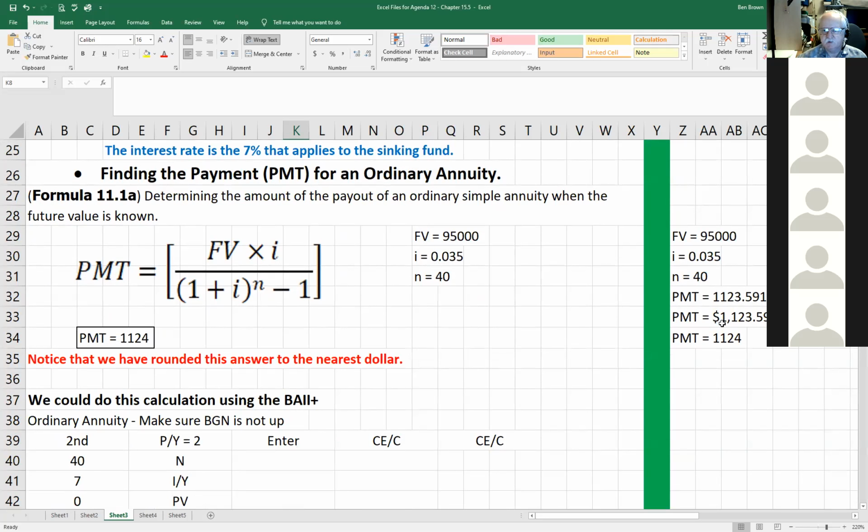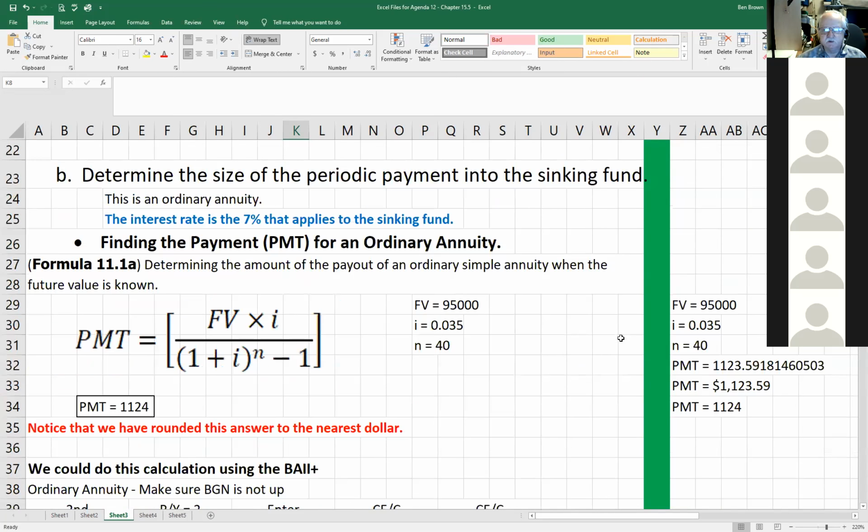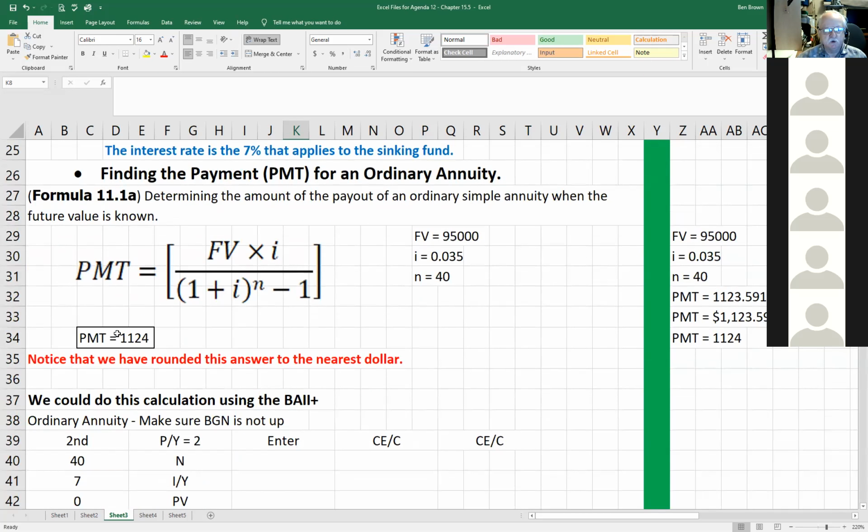The payment came out to $1,123.59, but they said round all numbers to the nearest dollar. So we'd have to report the payment as 1,124. So whenever we deal with this payment, it's going to be $1,124, not the actual value that we calculated.